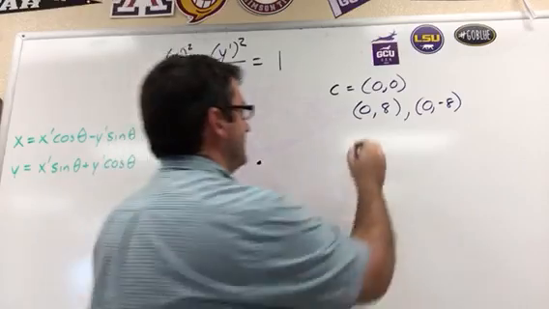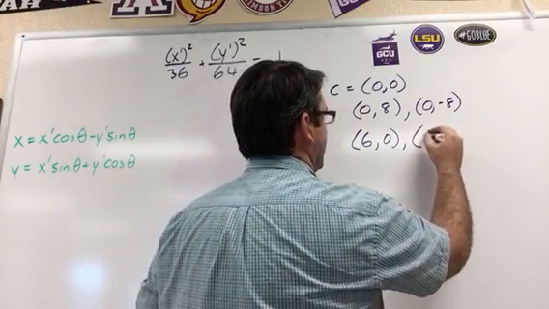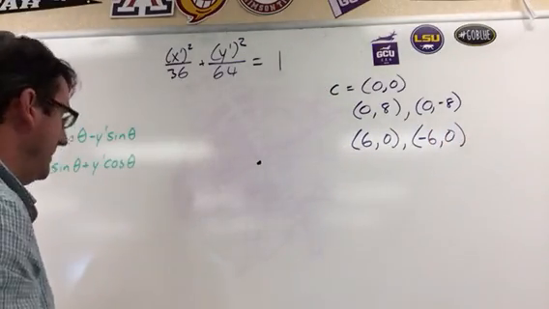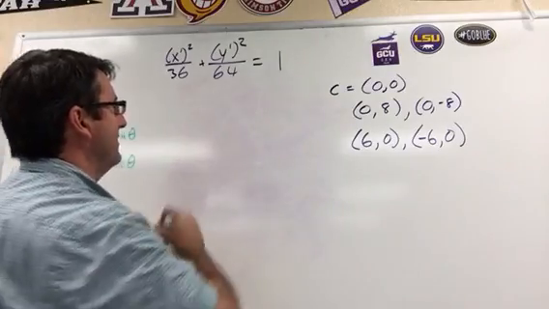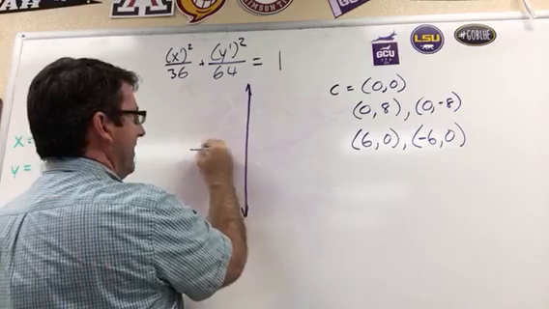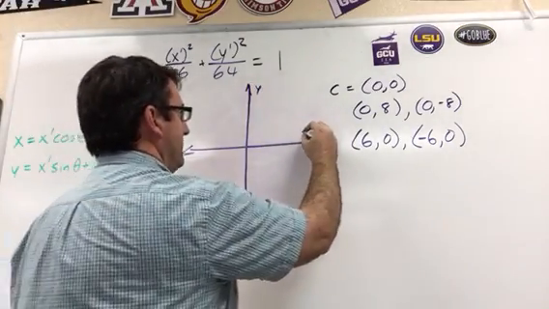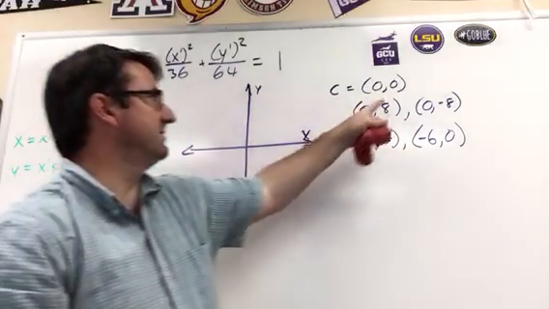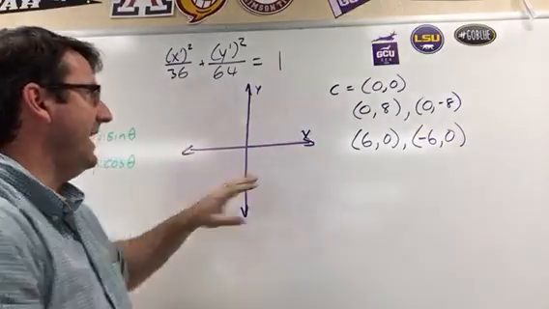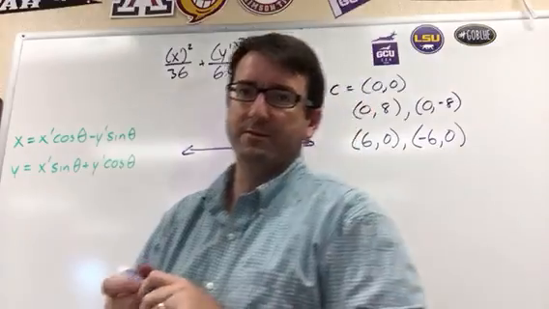And then along the x-axis, we had vertices at 6, 0, and at -6, 0. And so now in order to graph this on our regular xy plane, we need to just find the locations of these vertices on the xy plane. And to do that, we're going to use these two conversion equations over here.